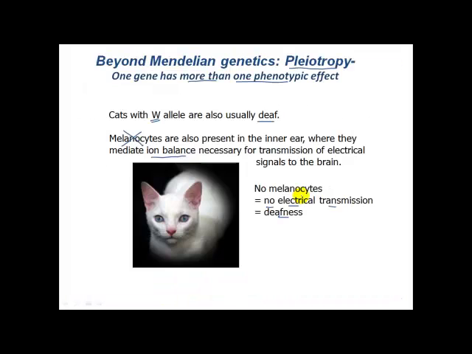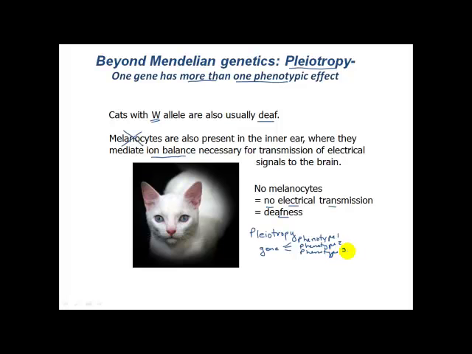Now, very often students will confuse the phenomenon of pleiotropy with polygenic, right? These are two sides of the same coin. Pleiotropy refers to one gene having multiple phenotypic effects, right? So one gene causing phenotype 1, phenotype 2, phenotype 3.